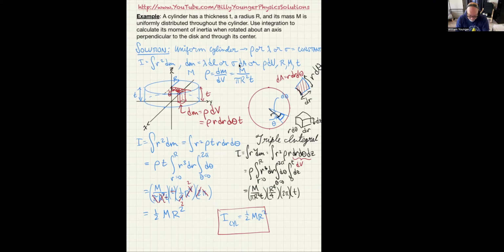So again, I think you can see that with all the cancellations, this 4 becoming a 2, and this 2 disappearing, this π disappearing, this r squared canceling out all but the 2 for the exponent there, and this t canceling out this t. So you see again, I get 1/2 mr squared when I do a triple integral as well.